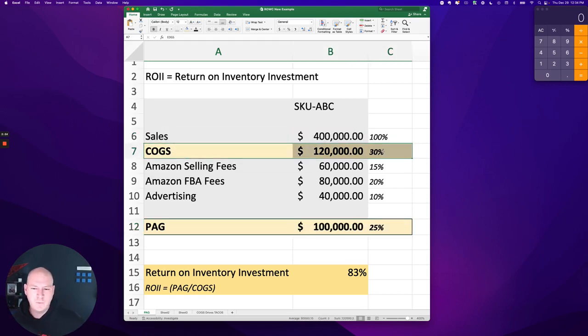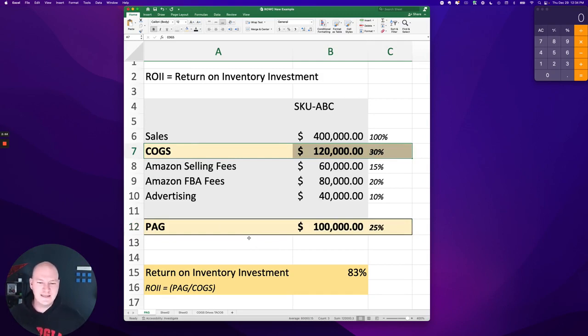A really common scenario for a lot of the Amazon-dominant sellers that we serve is that about a third of our budget is in product COGS. So let's say that product cost of goods sold was 30%. And after Amazon fees and advertising, we're left with 25% in profit, or true gross margin. So if I were to take that profit divided by those COGS, and again, if you're listening to this, you won't see this, but this one's pretty easy to understand.